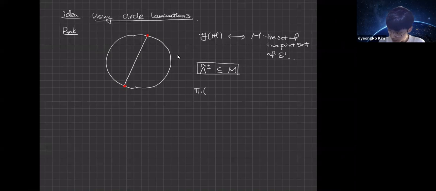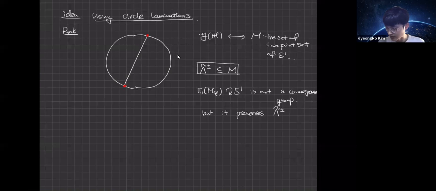The circle action of pi_1 of M_phi is not a convergence group action, but it preserves this lamination. This kind of subset of M is called a circle lamination.